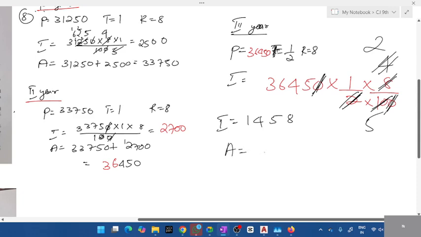All of you got this? 1,458. What's the amount? 36,450 into 1,458. What's the value? What's the final value, student? Final amount after 3 years. Calculate the final amount.